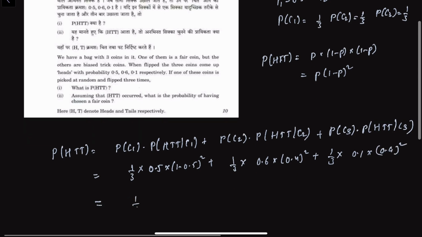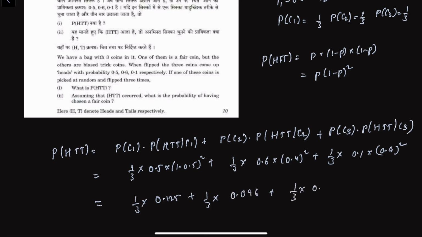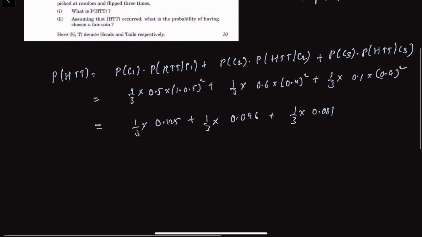So that is nothing but 1 by 3 into 0.125 plus 1 by 3 into 0.16 into 0.6 which is 0.096, plus 1 by 3 into 0.081. So that is nothing but 1 by 3 into, so 125 plus 96 which is 221, plus 81 which is 302.